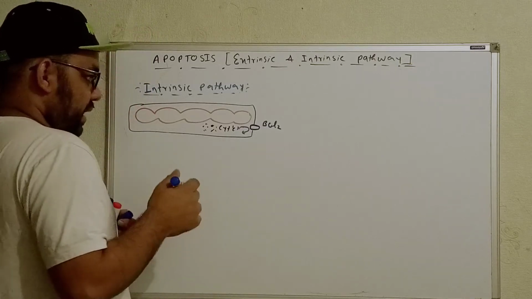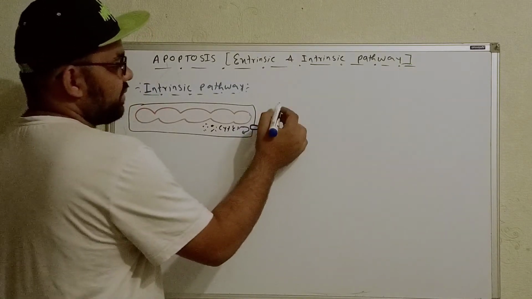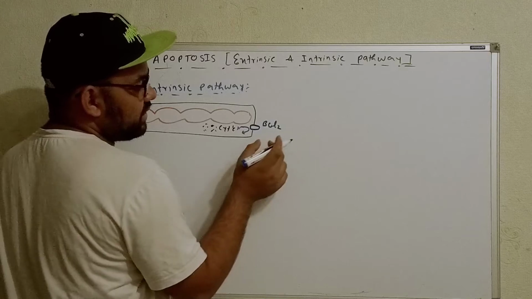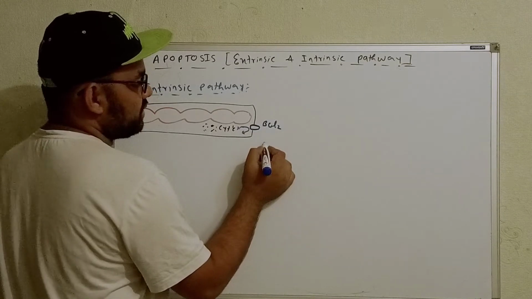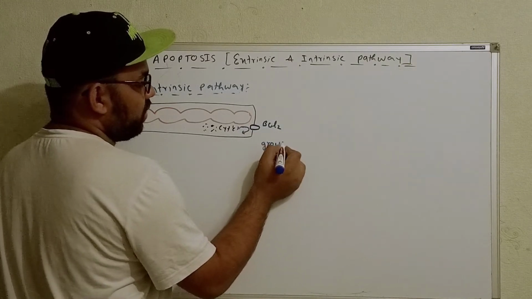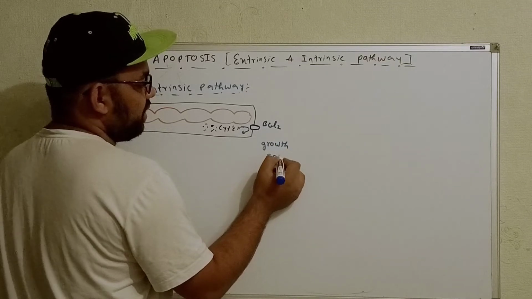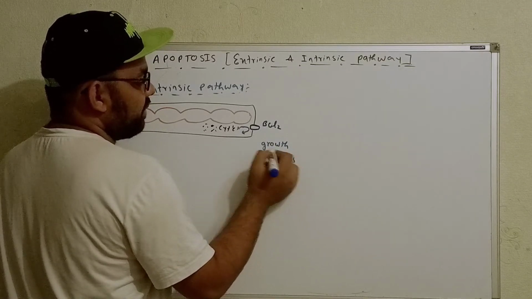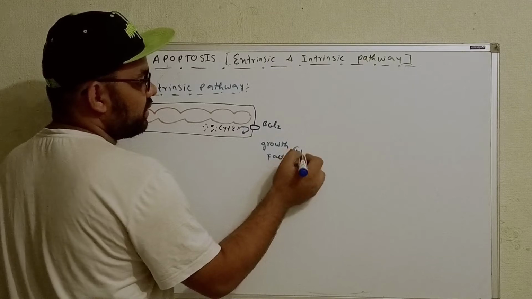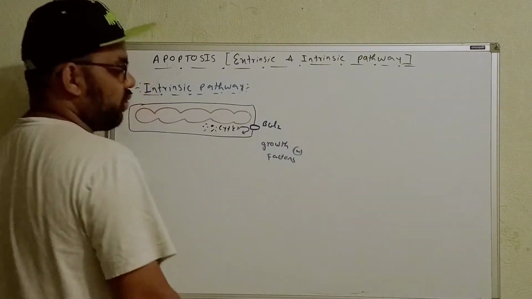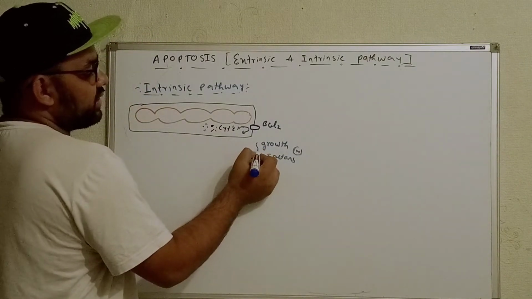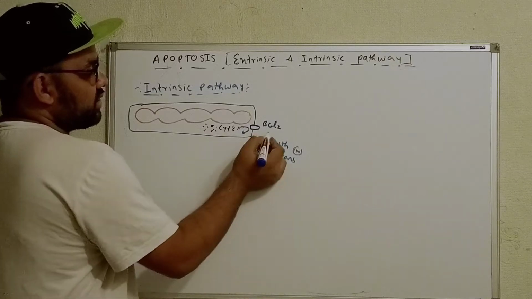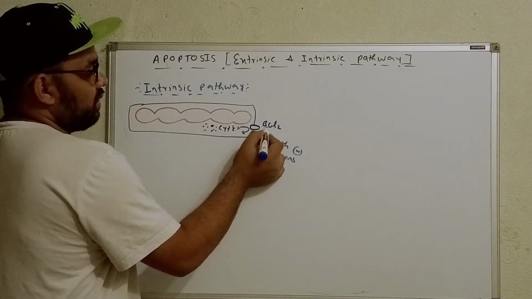And this BCL2 gene depends on certain types of growth factors. Now see, if the growth factor is normal, then the gene will work normally. But whenever there is a deficiency of the growth factor, this gene will not work properly.